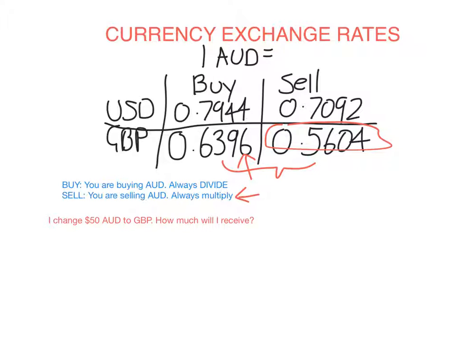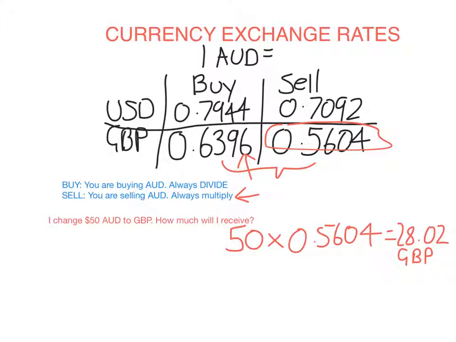So if I change $50 into pounds, I need to multiply 50 by 0.5604, and that is equal to 28.02. Don't put a dollar sign because this is in pounds. So if I change 50 Australian dollars at the bank into Great Britain pounds, I'll get 28.02 pounds. Again, 2 decimal places because I'm using money.